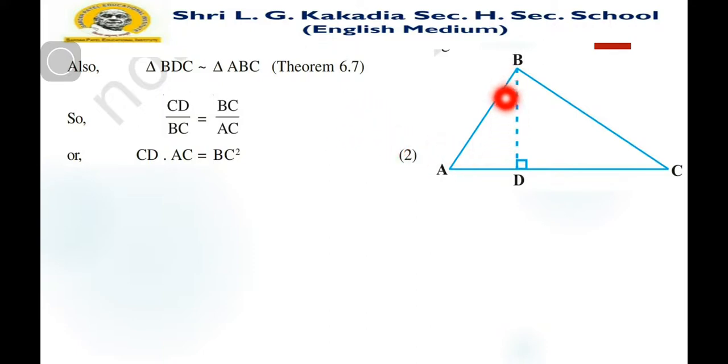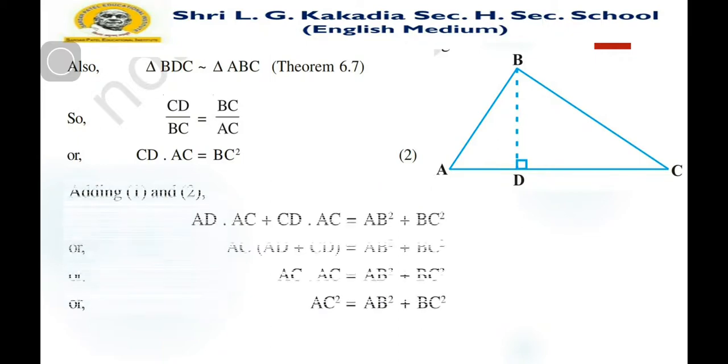If we take CD, it corresponds to BC, so we take CD upon BC, and BC corresponds to AC, so BC upon AC. So BC square is equal to CD into AC. Equation number 2.